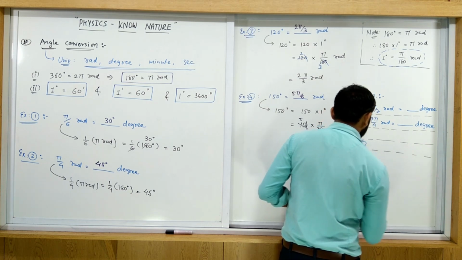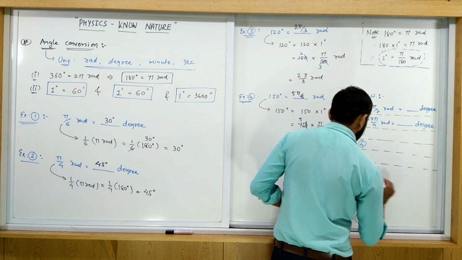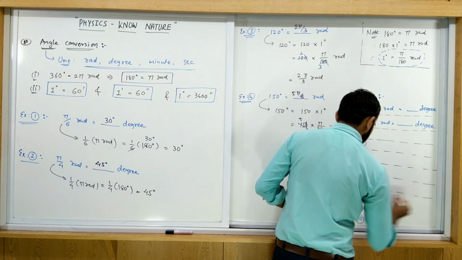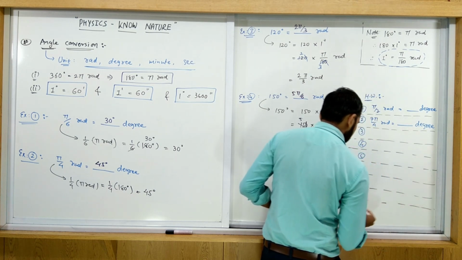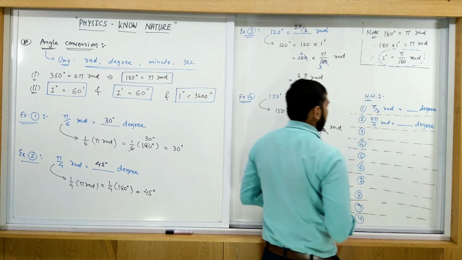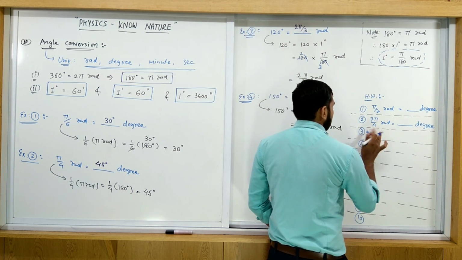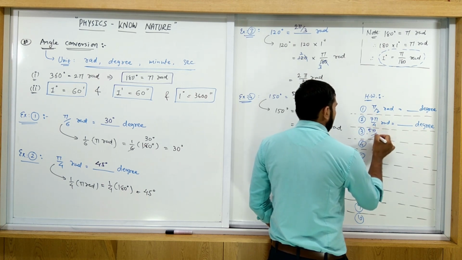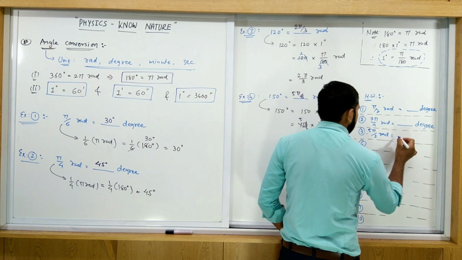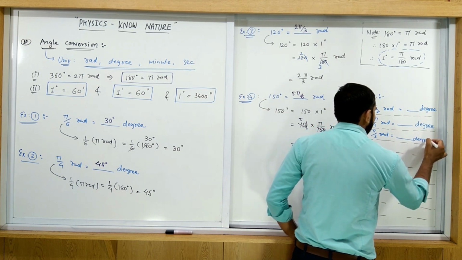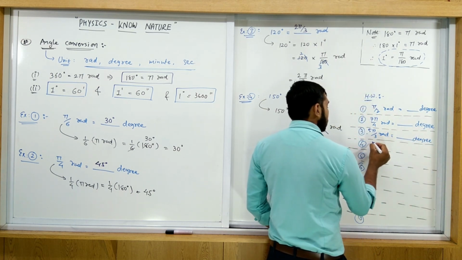Next, write this next one. 5 pi by 3 radian is equal to blank degree.